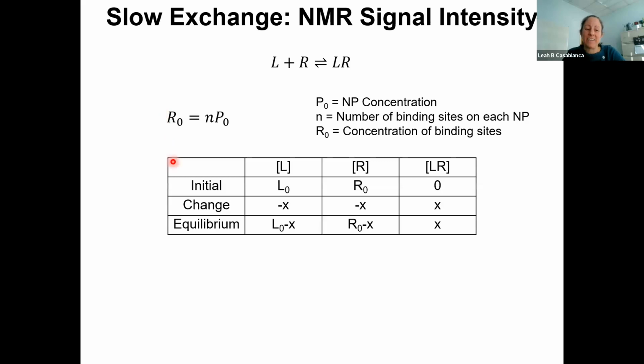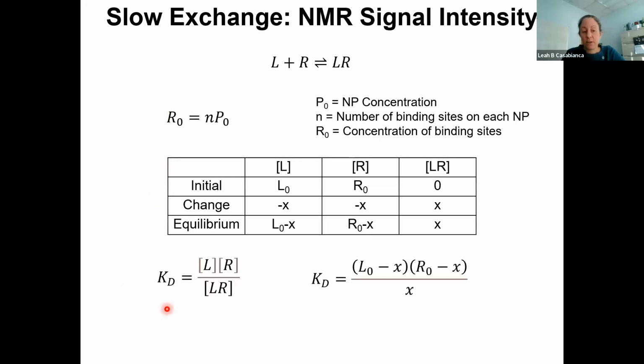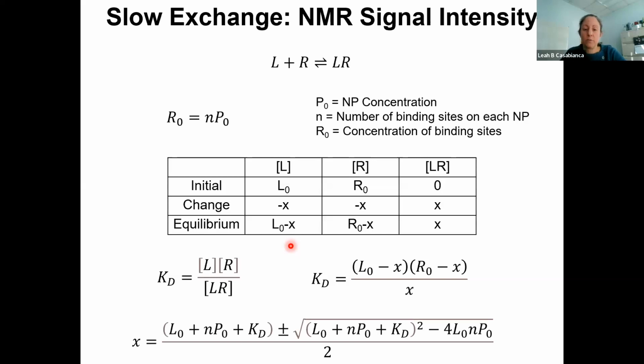So we can set up an ICE chart like we do in general chemistry and write the equation for KD, substituting in the equilibrium concentrations, and solve for X, which is the concentration of the bound complex.